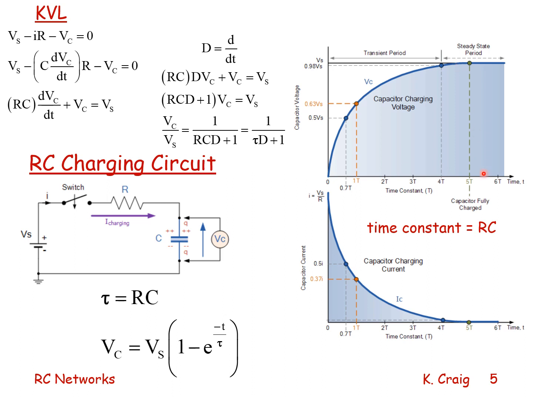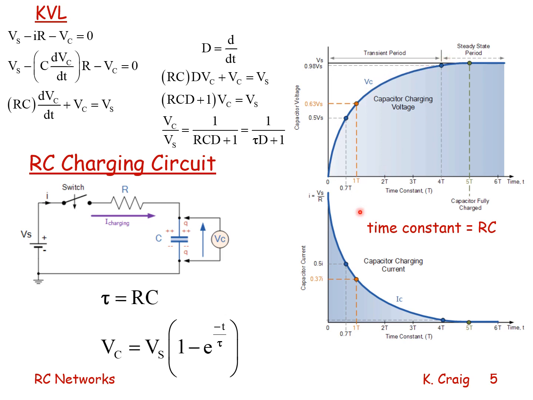And at 5 time constants, the capacitor is essentially fully charged. And the voltage across the capacitor is equal to the supply voltage. This is an exponential curve.